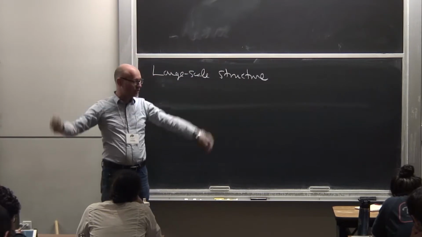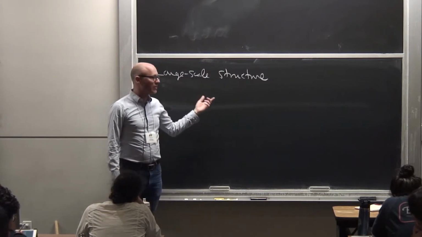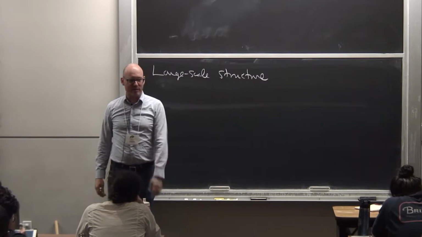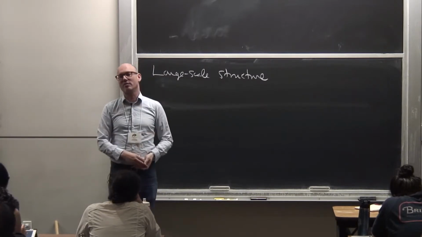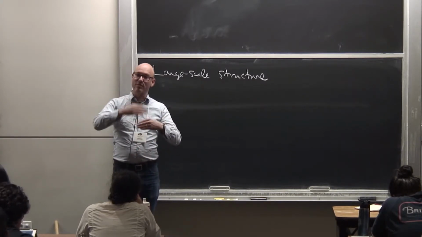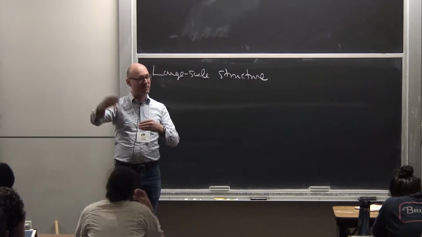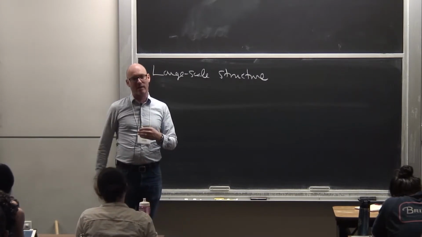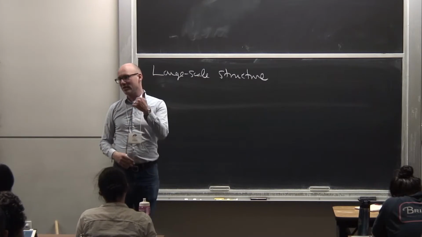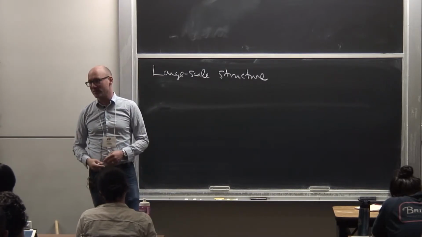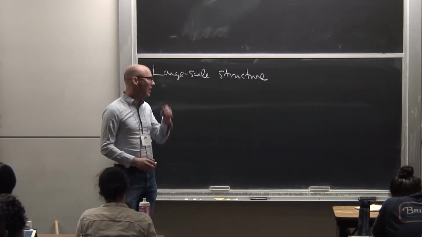There's all sorts of structure. Large-scale structure is the area in which we study the current state of the universe, or the state of the universe in redshift slices as you look back through time, and try to understand the initial conditions and the dynamics of the universe by looking at that stuff. So that's what we do.